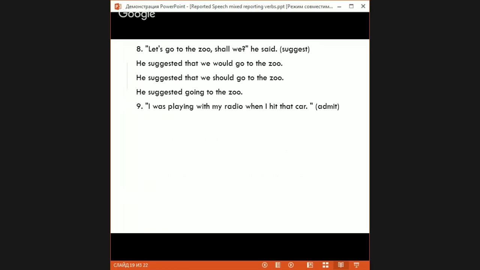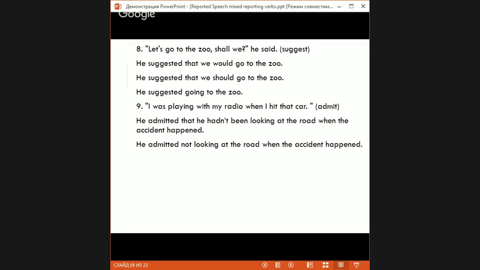I was playing with my radio when I hit the car. So he admitted that he hadn't been looking at the road when the accident happened. Well, it sounds, of course, a bit weird, but I mean that we use these reporting verbs because we don't want to say exactly the same words, and this is a very vivid example for such a rule.